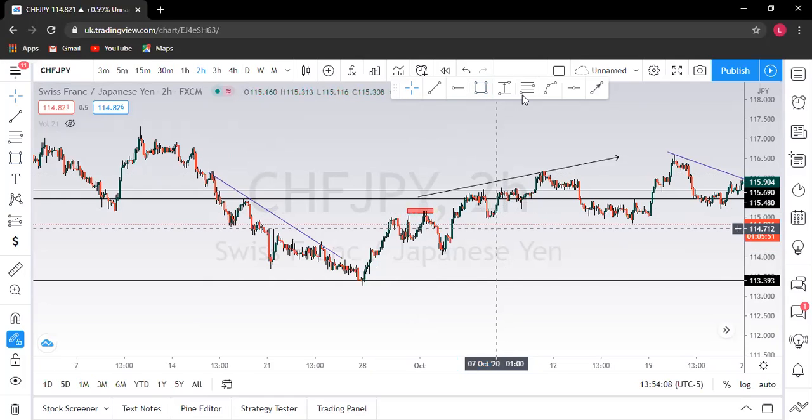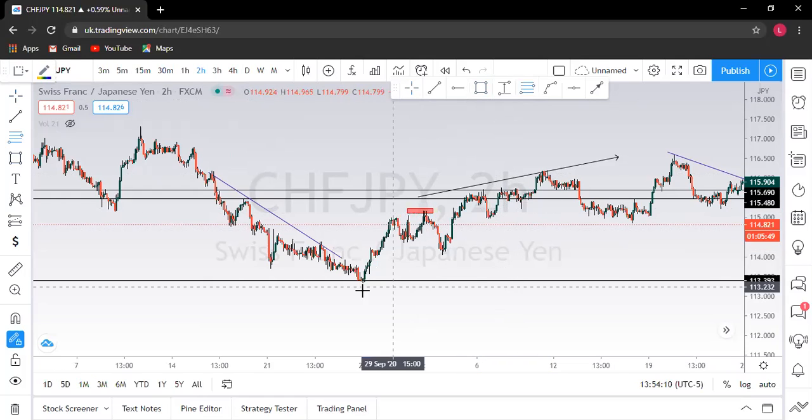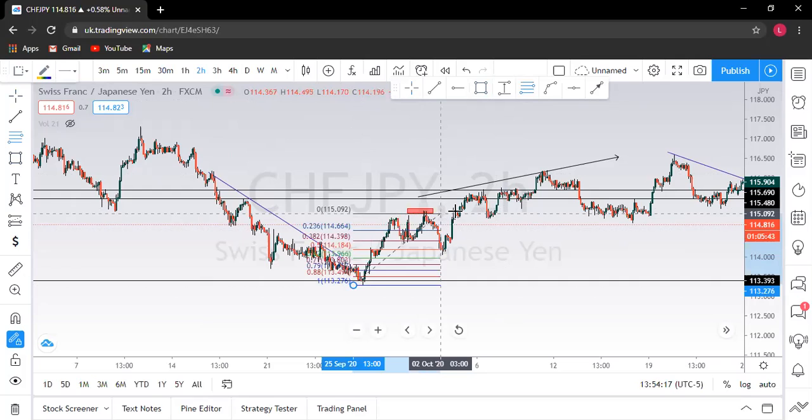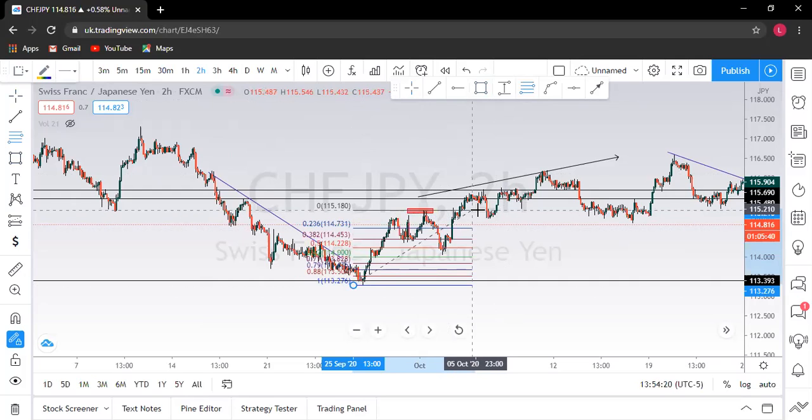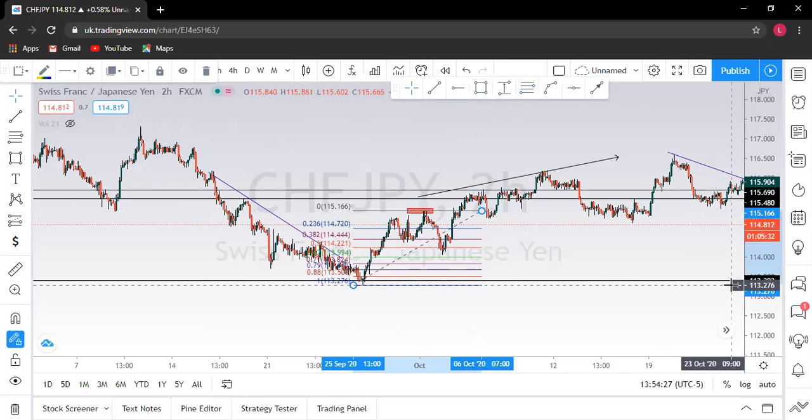All you have to do is take your Fibonacci from your swing low, then take it back to the swing area where the market started falling, so that you are able to measure the retracement move. So now let's look at it.